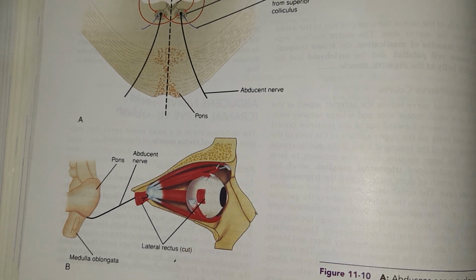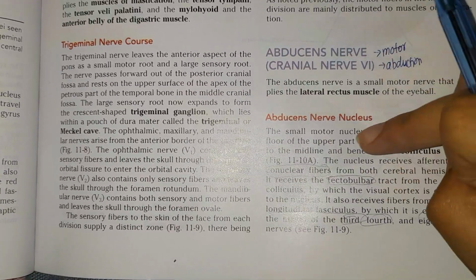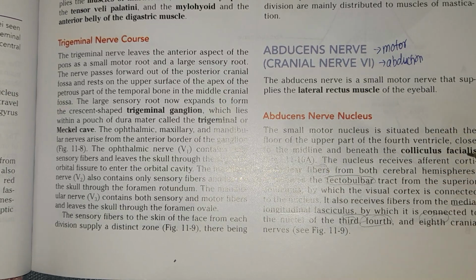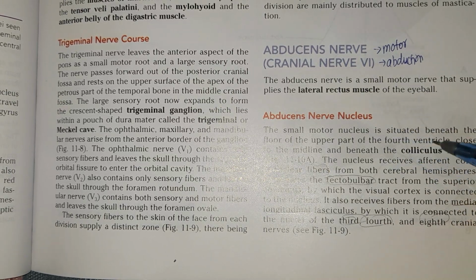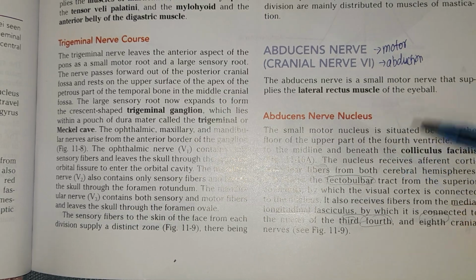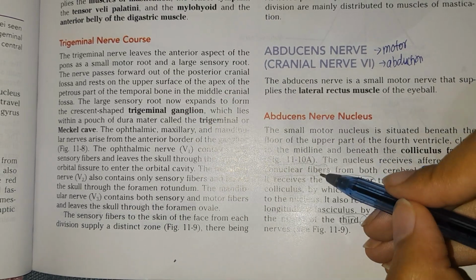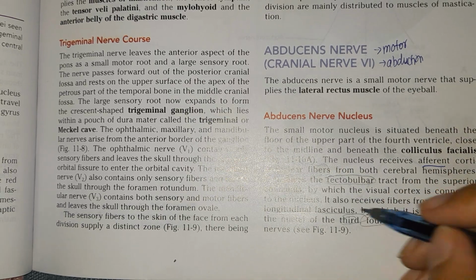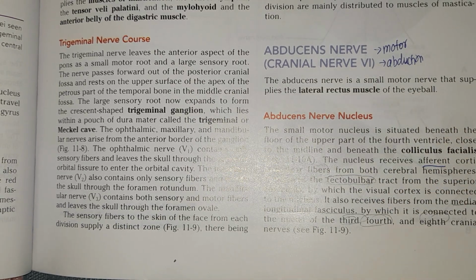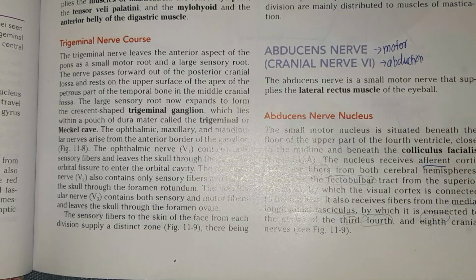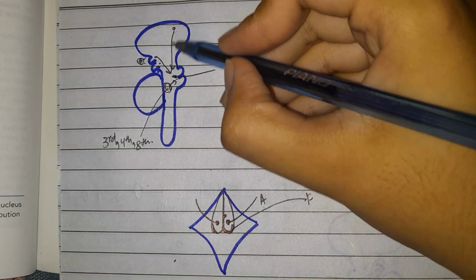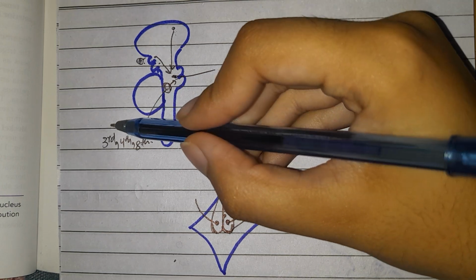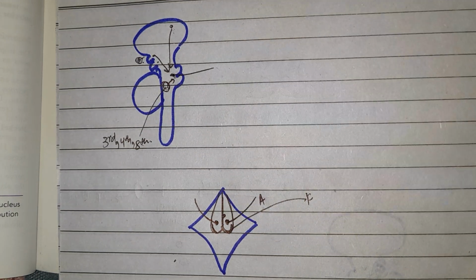So when we discussed the abducens nerve nucleus, we said it comes from the region of the facial colliculus in the floor of the fourth ventricle, and receives afferent fibers from corticonuclear, tectobulbar and medial longitudinal fasciculus fibers, which connects the third, fourth, eighth and sixth cranial nerves.